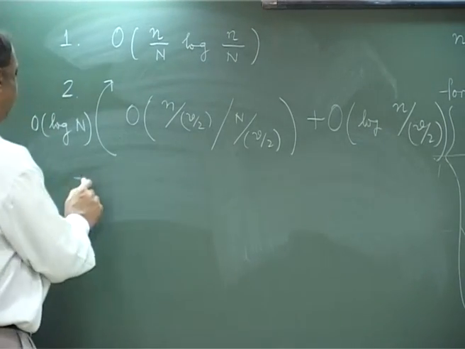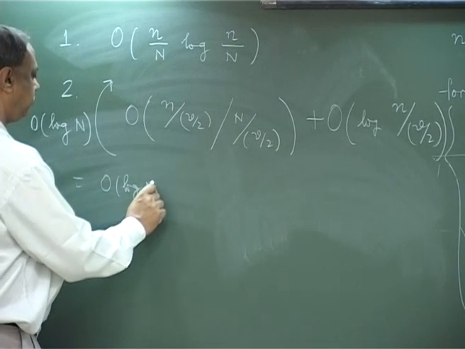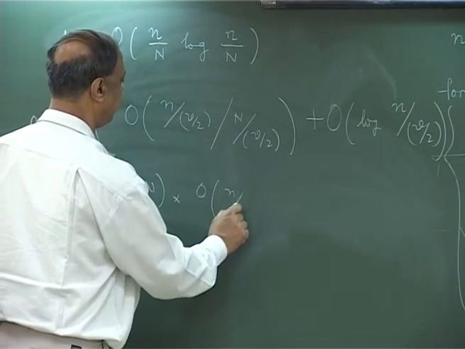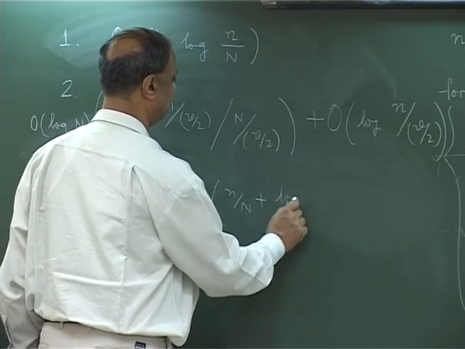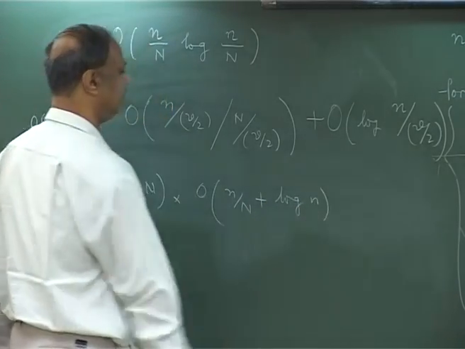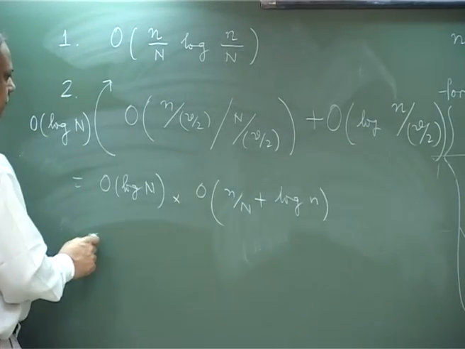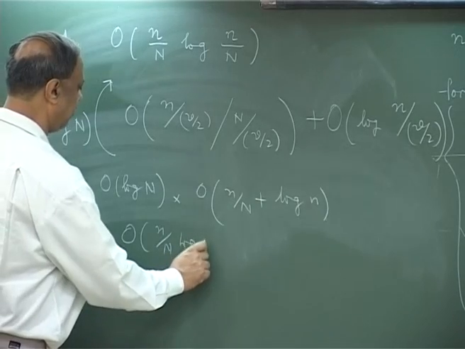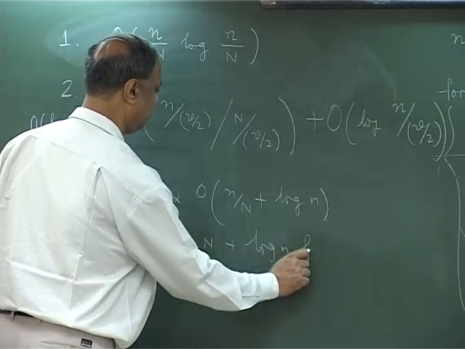So this can be written as order log n into order n by N plus log n, right? Which I can write order n by N log n plus log n log n.